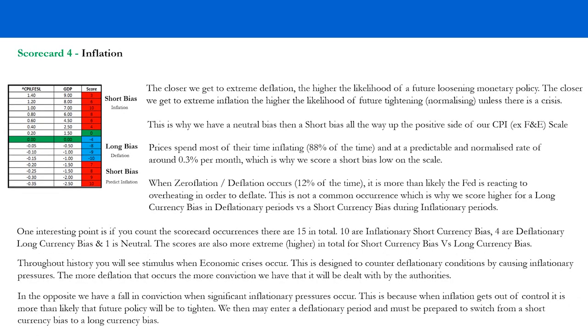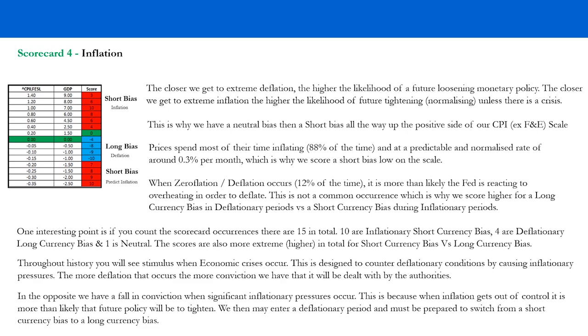The closer that we're going to get to extreme deflation, it's pretty obvious by looking at the data that the likelihood of future loosening monetary policy and the Fed being aggressive goes a lot higher. And the closer that we get to extreme inflation, the higher the likelihood of future tightening or normalizing, unless there's a crisis, of course.